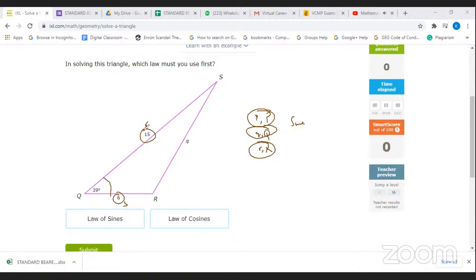They will give you the same letter. But here now you can't see the same letter, you can only see R, small s, and big Q. So it means we are using cosine rule. So just pick cosine rule.